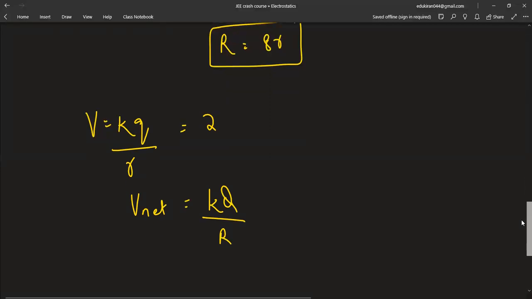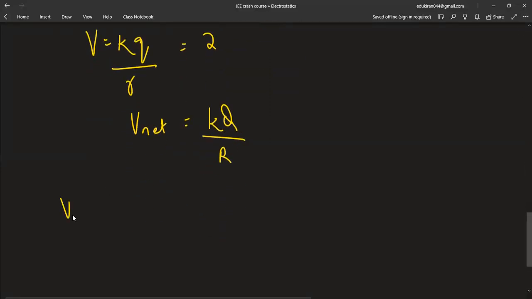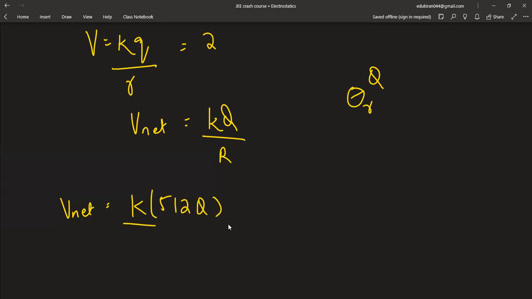So if we are talking about the total net voltage, what is the total charge now? The charge of a small droplet with radius r was q. Now 512 times this q is present with the radius capital R. And what is capital R equal to? 8r.